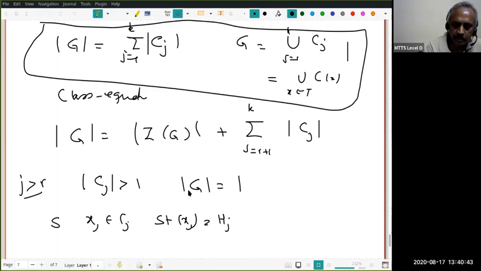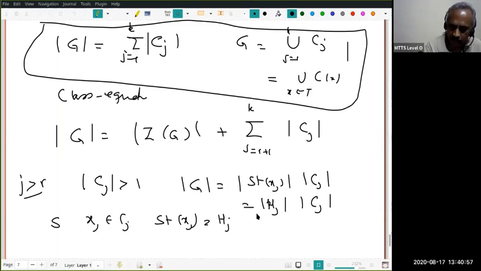Therefore, the modulus of G is going to be the modulus of the stabilizer Hj times the modulus of Cj. Is that clear? This is true for any j, in particular for j greater than r also. The reason why I want j greater than r is for the following reason.